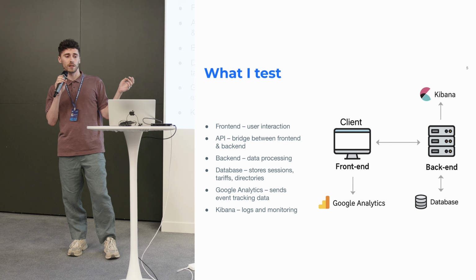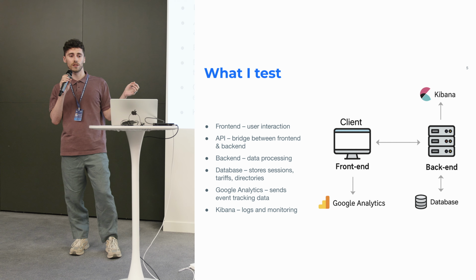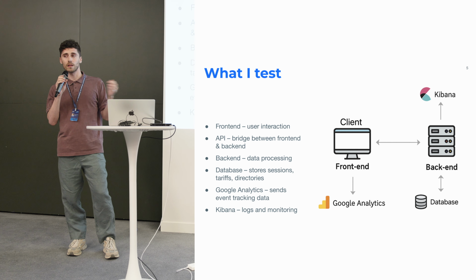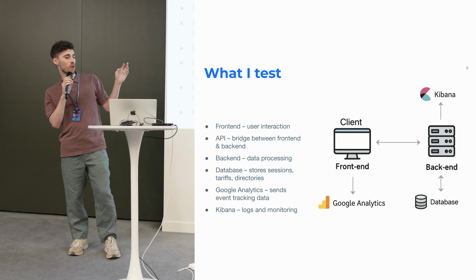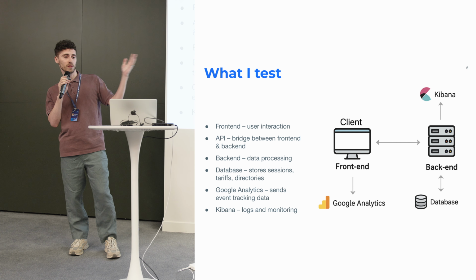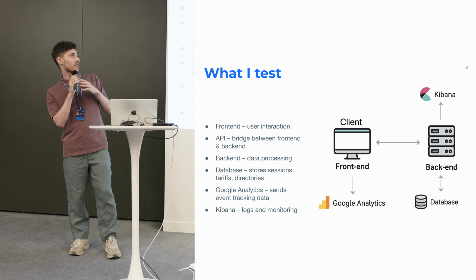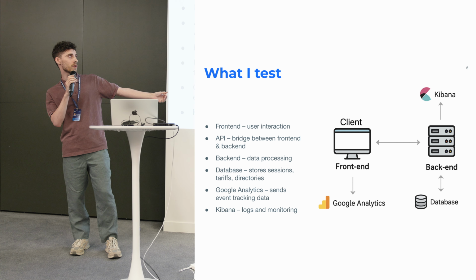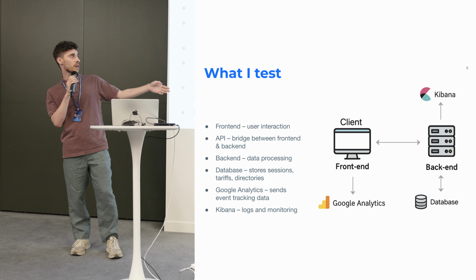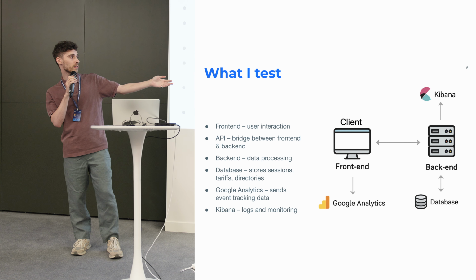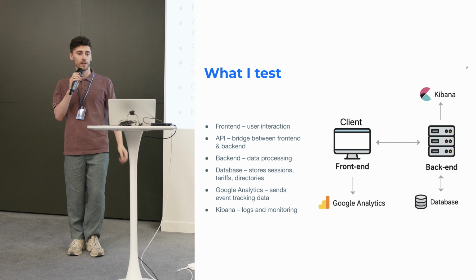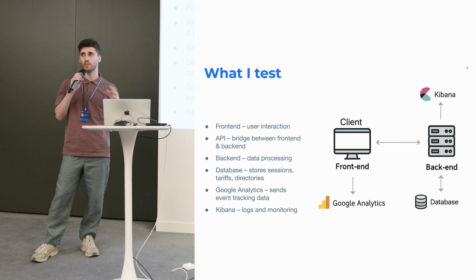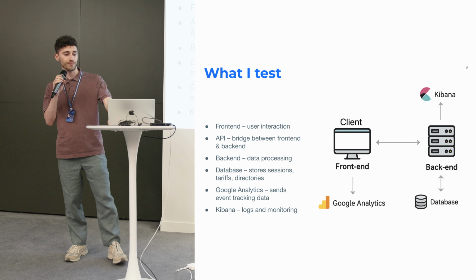We have the front-end, which clients use, and the backend, which works with all data and has all the logic. The front-end sends some data to Google Analytics, the backend to Kibana, and the backend also uses a database where we keep our prices, users' information, and other things.